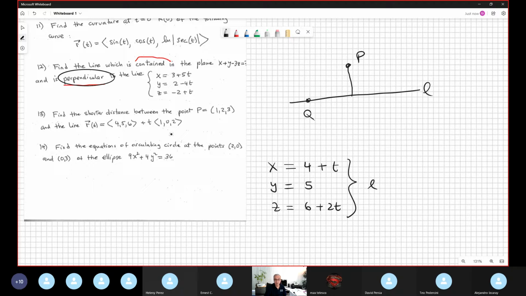I want to call it Q. This is the projection idea. And you find the vector PQ, QP, either way. PQ, okay, PQ, I said QP, no? QP.